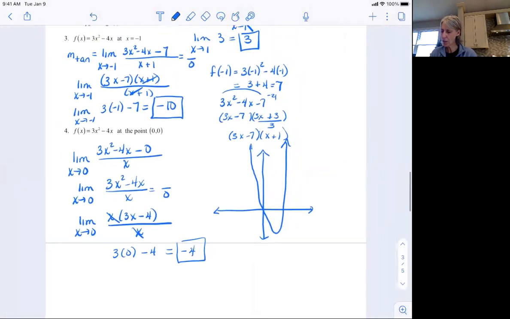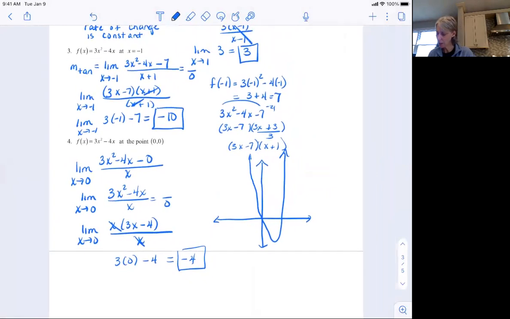On the same picture, we just found the slope of the tangent line when x equals -1. My slope is -10 for that line. And when x equals 0, we found the slope of that tangent line. Can you see how it goes from more steep to less steep? It's pretty obvious what's happening there. And using this process, we could get the slope of the tangent line at any given point on that curve.